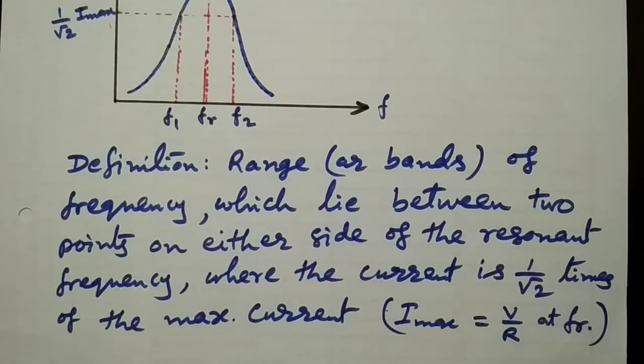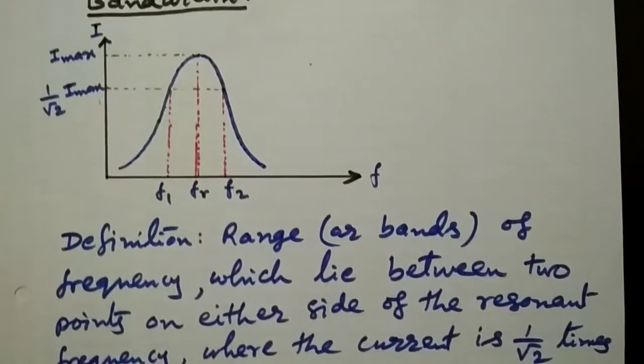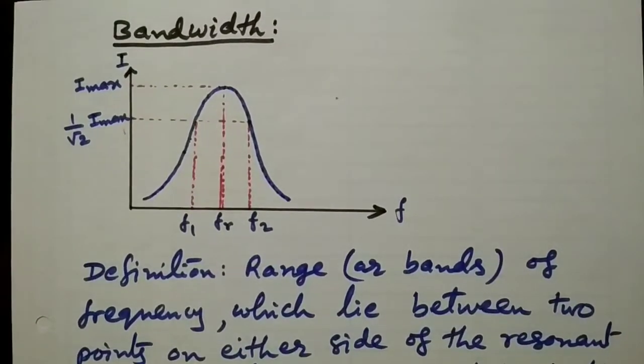So the definition of the bandwidth states that it is the range of frequency which lies between 2 points on either side of the resonant frequency where the current is 1 by root 2 times the maximum current. Now see this figure.